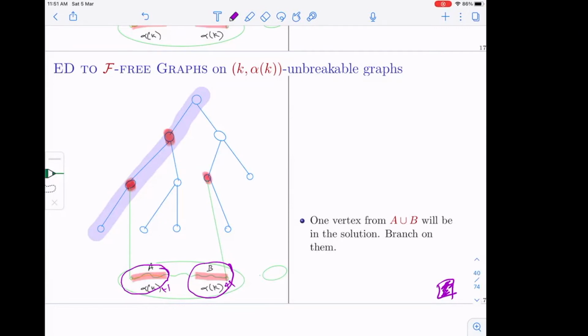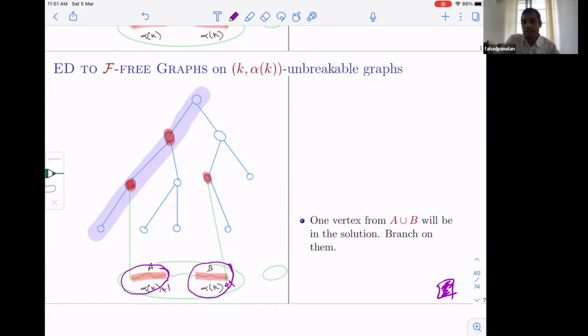This algorithm won't give you that. I think you could apply the Lokshtanov et al. theorem and prove that it is CMSO and prove it only on K alpha K unbreakable graphs, and then probably get it, because this is bounded size, you are talking about the tree.